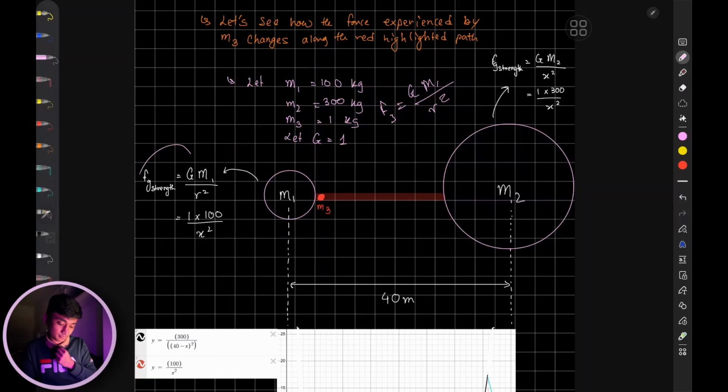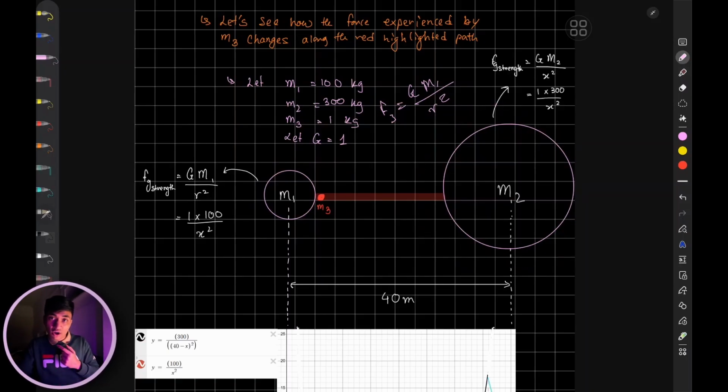Gravitational field strength. I have it written over here. So the reason for considering M3 as 1 is so that I can work with the gravitational field strength of M1 and M2. It simplifies things. So what I ultimately want to find out is the force felt by 1 kg of mass when it is positioned in a space which consists of mass M1 and mass M2.